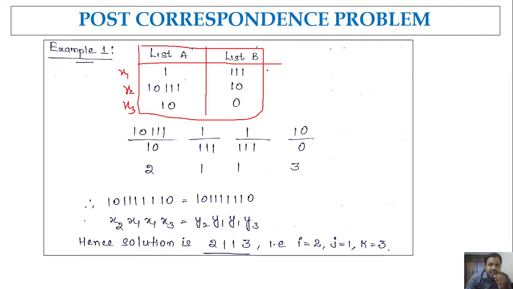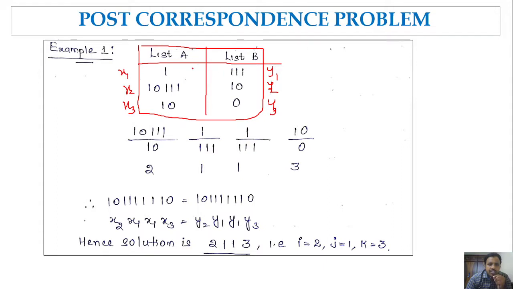Similarly, we have the list B, a sequence of strings, which let me call y1, y2, y3. What we need to do here is find the sequence such that if we arrange the items in list A based on that sequence, and arrange the items of list B in the same sequence, then both the strings become equal.